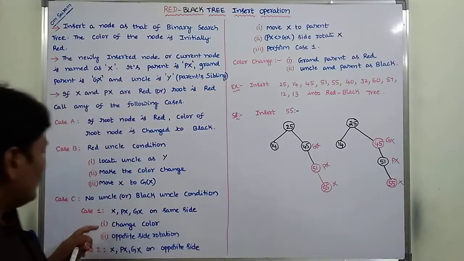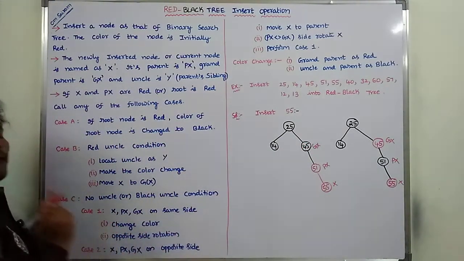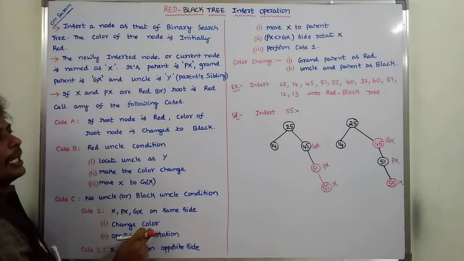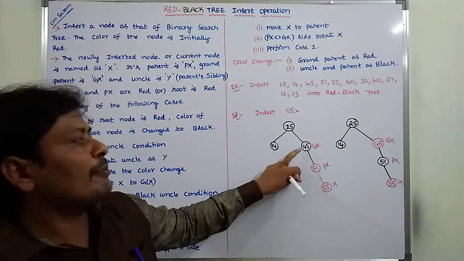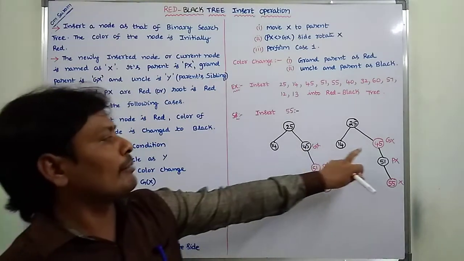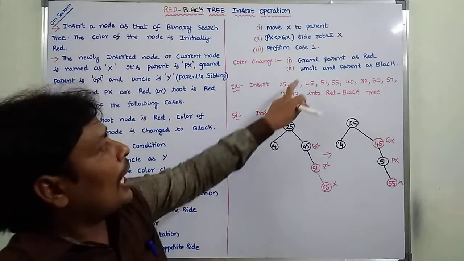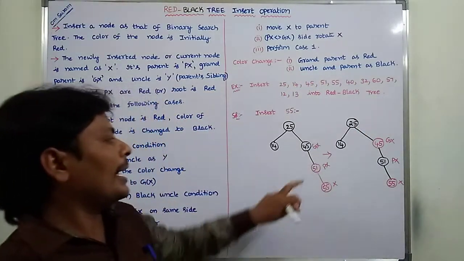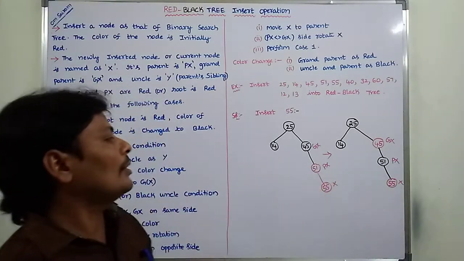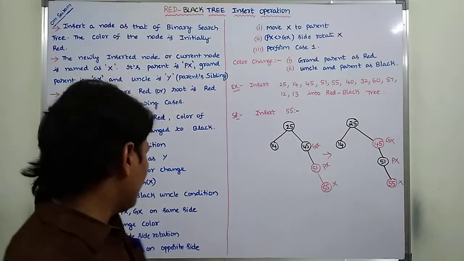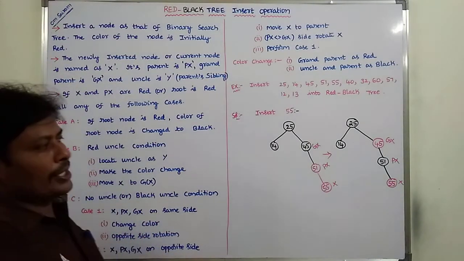Now x, px, gx are on the same side, so we have to follow these conditions. Change color means grandparent as red. Here grandparent was previously black, it can be changed to red. Next, uncle and parent as black. Here parent is 51, it can be changed to black. 55, no change.